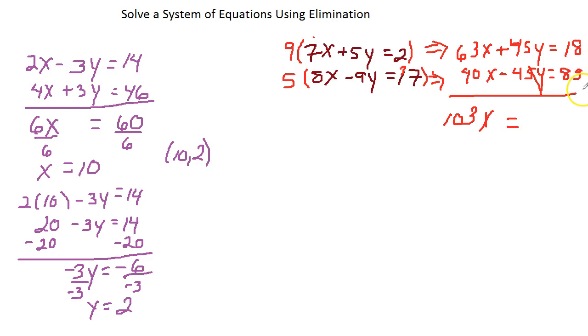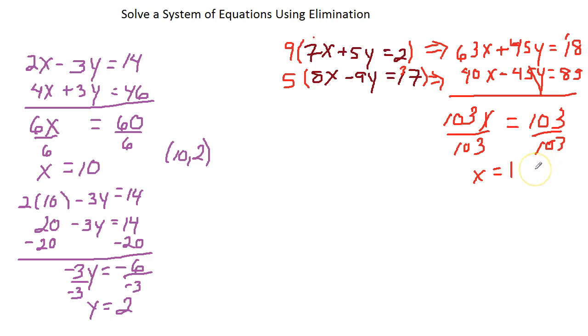Well, 8 and 5, 3. Carry the 1. 8 and 1 makes 9, plus 1 more makes 10. Oh, nice, 103. Divide each side by 103. Something has to be nice, right? Yeah. And so we get x equals 1.